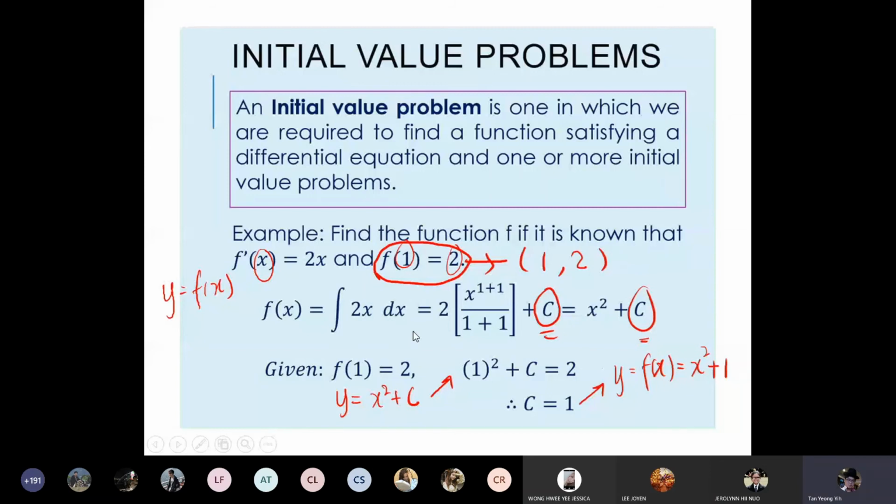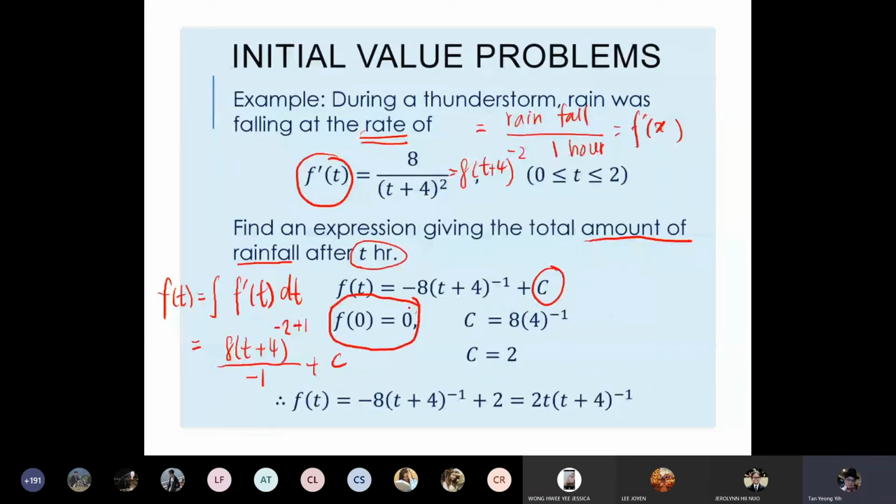Now we know the rainfall. For a thunderstorm, when the time is 0, when the rain started to fall, what is the total amount of rainfall? It should be 0. In these questions, when the t is 0, the amount of rainfall should be 0.